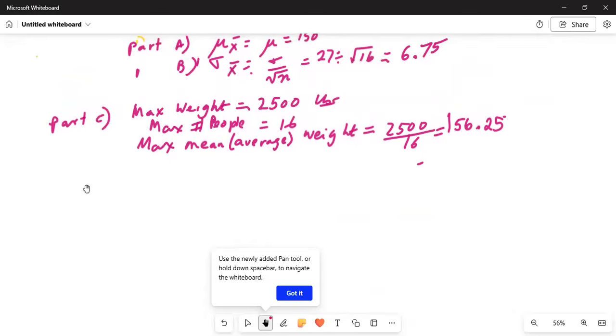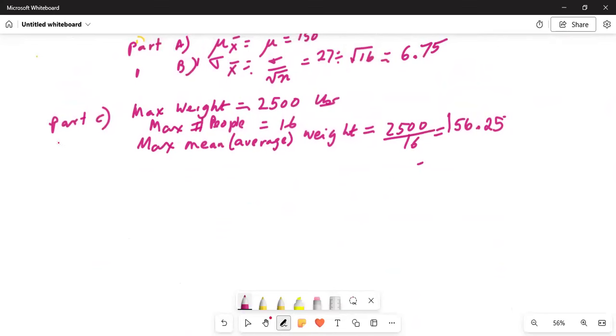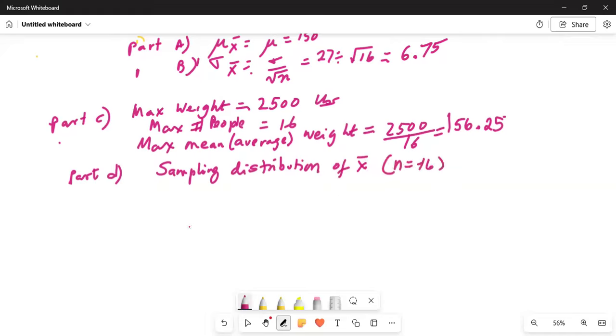Let's do it this way. Part D, we are dealing with the sampling distribution of X bar. N is 16. So this is how it looks like. Let's draw it.